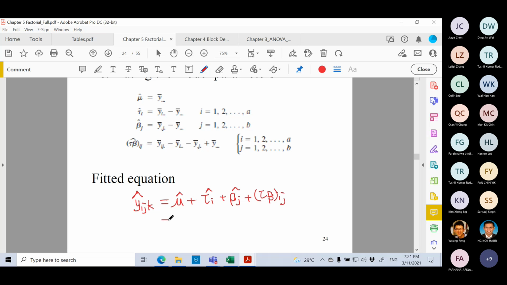Okay, so this one is a fitted equation. So in the fitted equation here, you will replace this thing with the mean here. Then plus, of course, the second component will be equal to the mean. Okay. Plus the third, plus the following component.